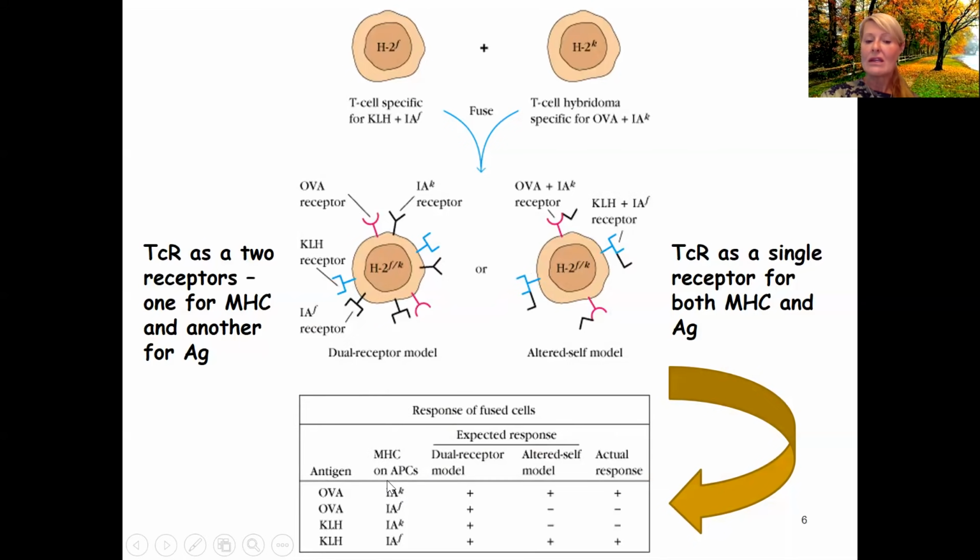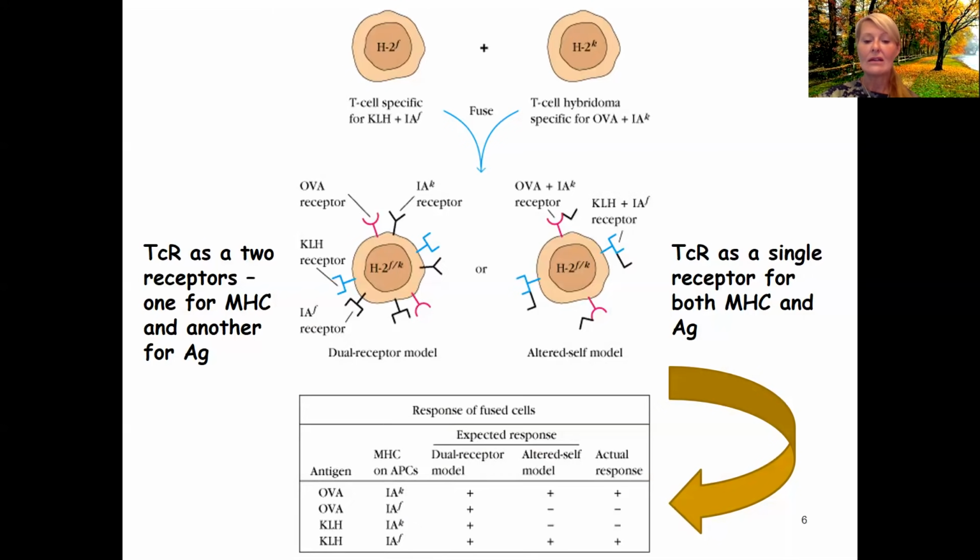And the MHC on the antigen presenting cells, they had IA of K, IA of F, and this was both in association with the OVA and the same with KLH. So these are all the possible combinations that they had. So they did the experiments 1, 2, 3, 4 times. 4 different experiments. They repeated them a couple times to make sure it all works, but that's the model.